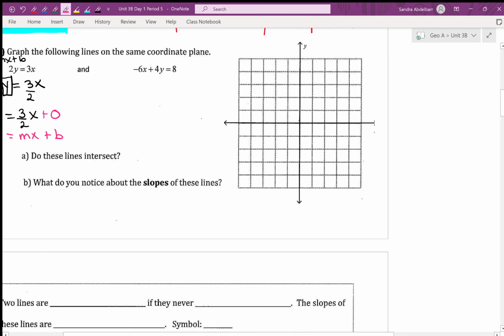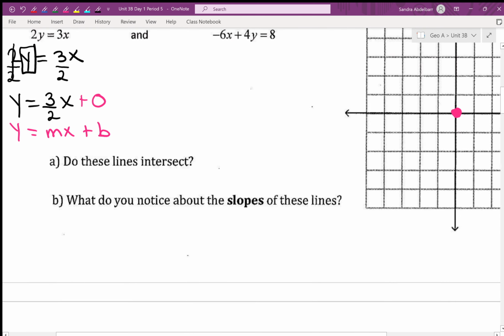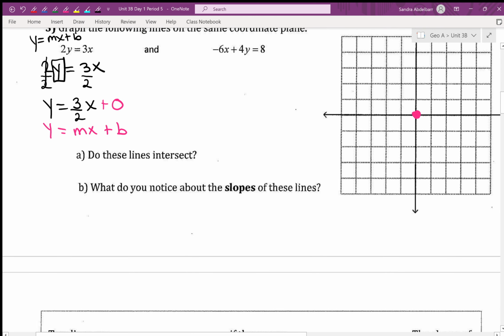That's my starting point. Then from there, you're going to rise and run according to the slope. So our slope was 3 over 2. That means we're going to rise 3 and run 2. Do we all agree?